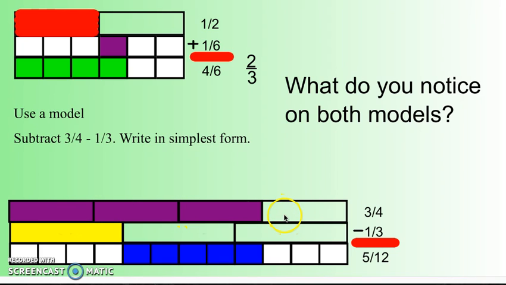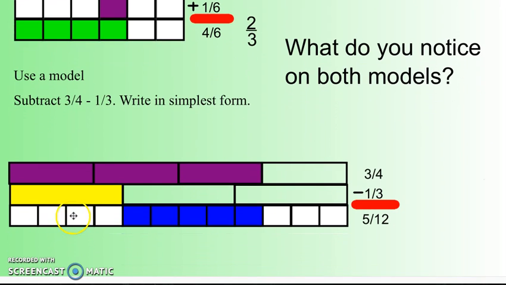We have 3 out of 4, so there's 4 parts here, and 1 out of 3, so 3 equal parts here. So we need to figure out how we can separate 3 and 4 into equal parts, something that is a common multiple of 3 and 4.